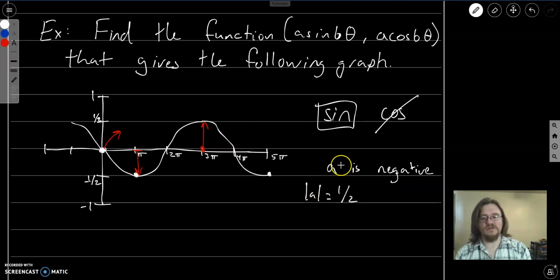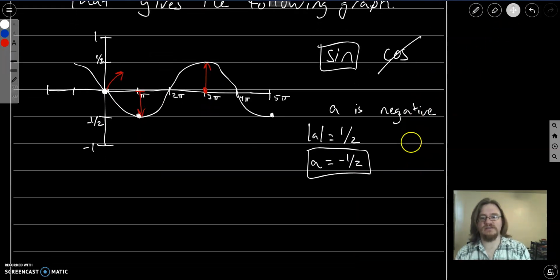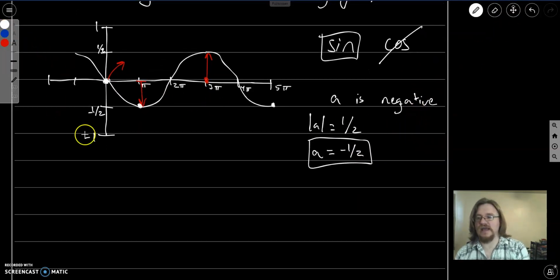So we know 2 facts. We know that a is negative, and we know that the absolute value of a is 1/2. So that means that a should be negative 1/2. Again, the amplitude of our function is a half, but because we go down, it has to be a negative number.